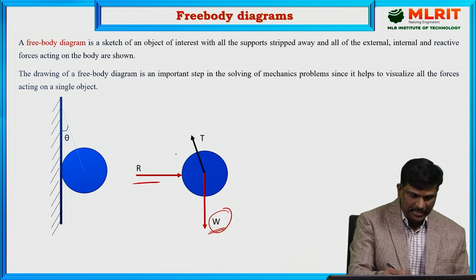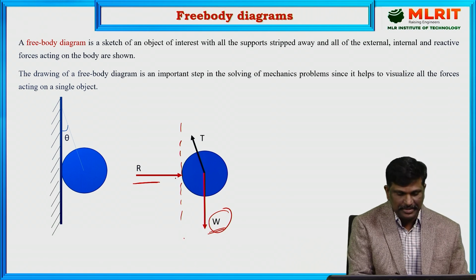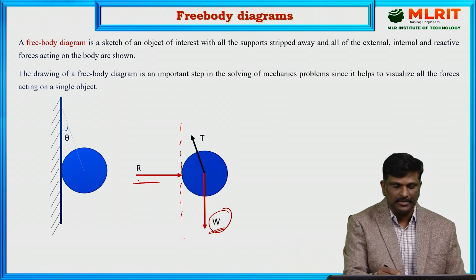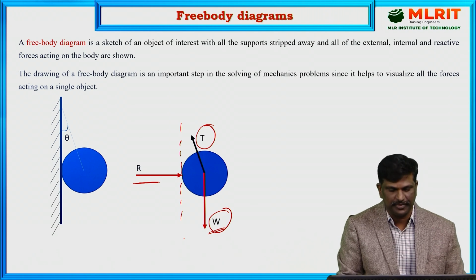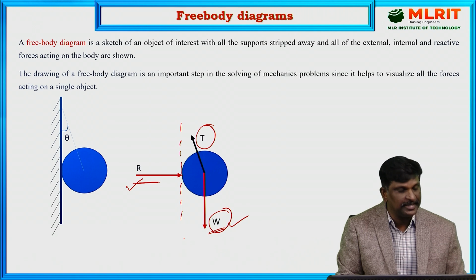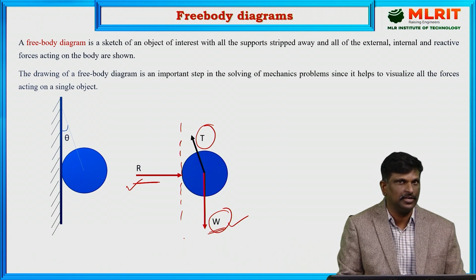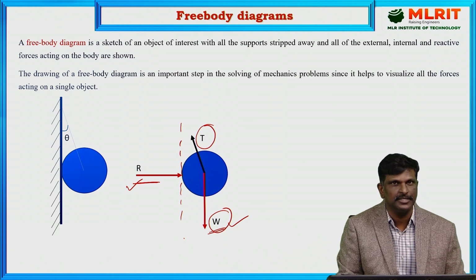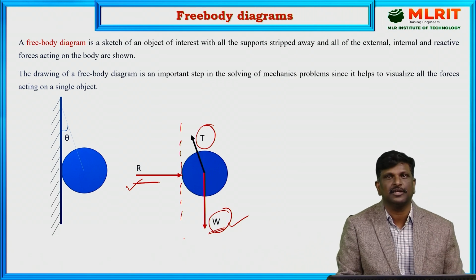Here the contact surface is vertical, therefore the reaction is horizontal, and the tension induced in the string is an internal force. A free body diagram is a diagram which shows all the forces acting on the body, including support reactions, self-weight, internal forces and external forces.